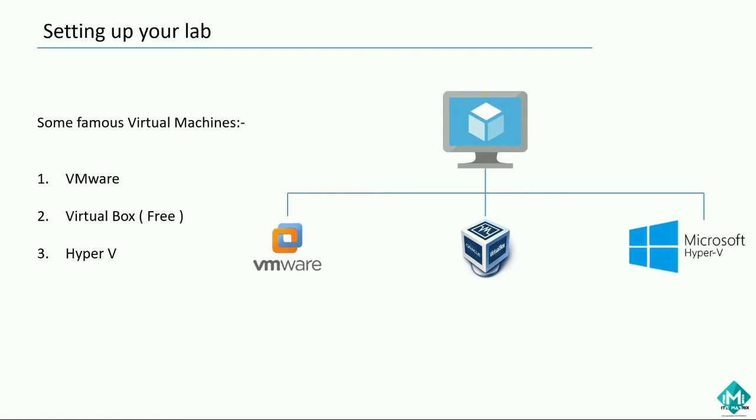The next is for those who like open source software. VirtualBox is from Oracle and it's open source. You can download it easily and freely. And the third one is from our favorite Microsoft Windows, and we call it Hyper-V. So you can use any of these.